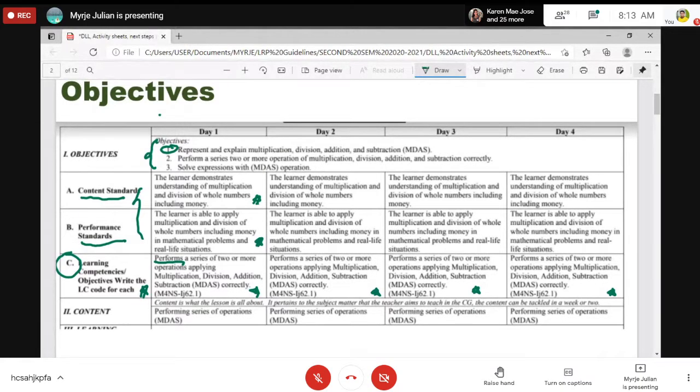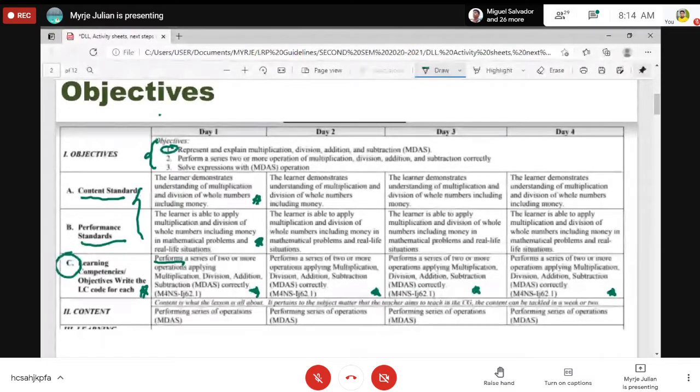From these learning competencies, we broke them down into basic skills that we gradually teach the pupil so that they can achieve the assigned learning competency. So that's the connection of content standard, performance standard, learning competencies, and objectives. Okay?